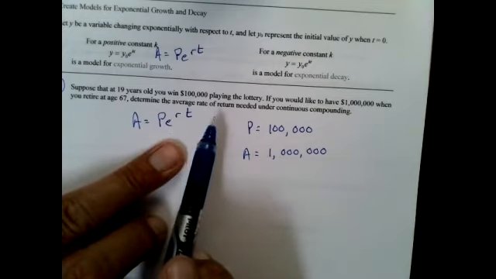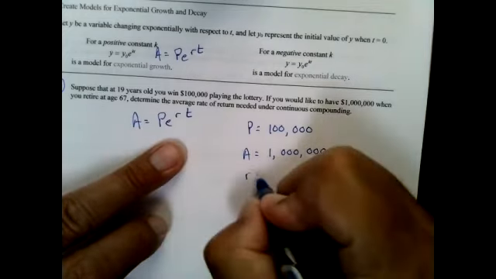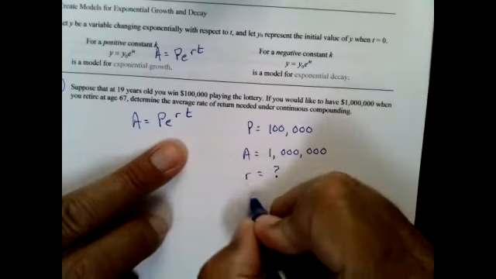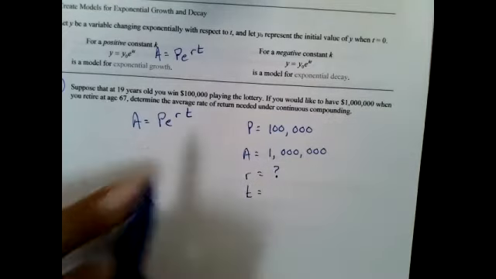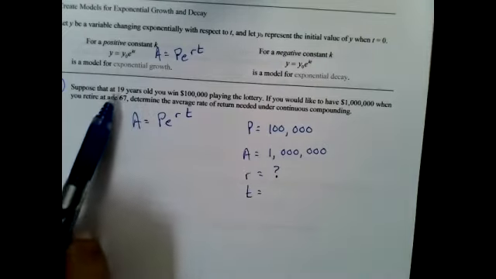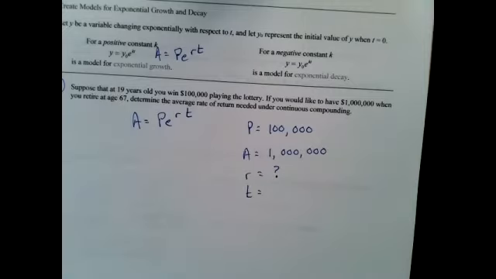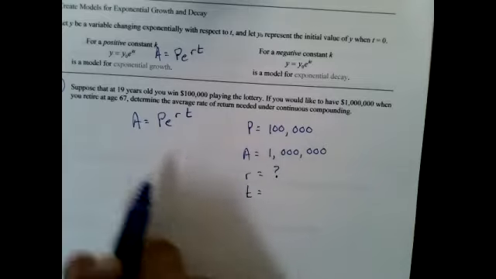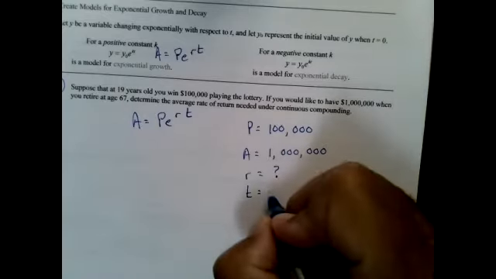He'd like to know what rate, so I don't know r, but when he retires at age 67, this would be for how many years? Well, 67 minus 19. So t would equal 48.